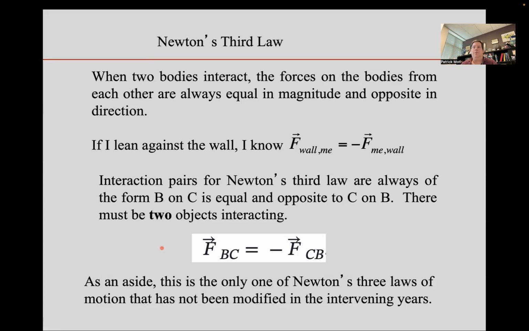That form gets modified in the special theory of relativity because momentum gets modified there. So that's not a complete and done thing. We'll come back and tinker with and change the second law of motion.